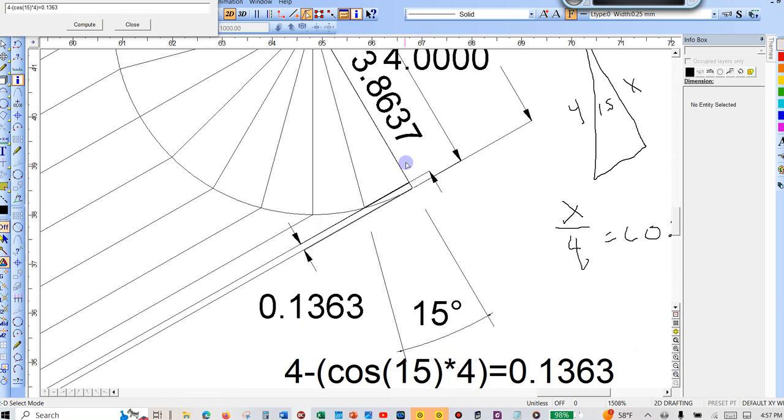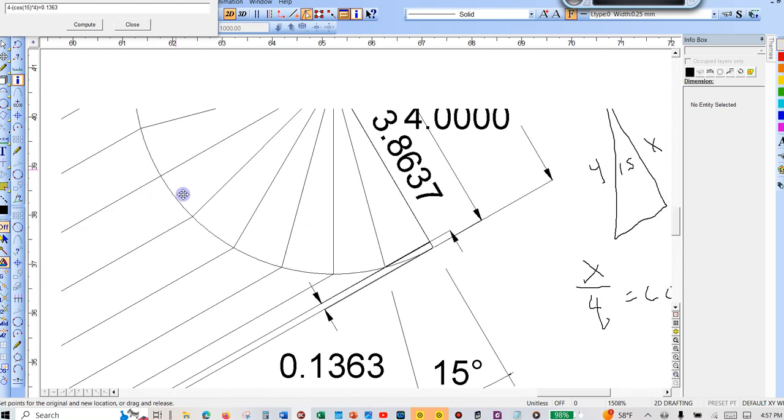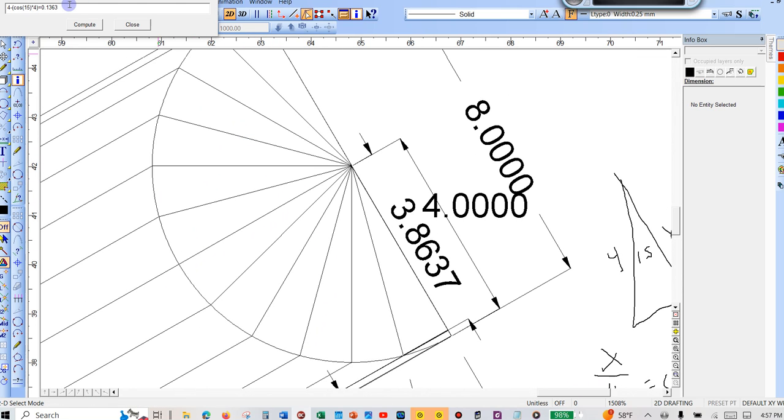If you do 30 degrees, 40, 45, all the way up to 180, let's just do 180 so you can see that. So 4 minus Control V. I think I did that already. Control V. And we're going to change that 15 to 180.